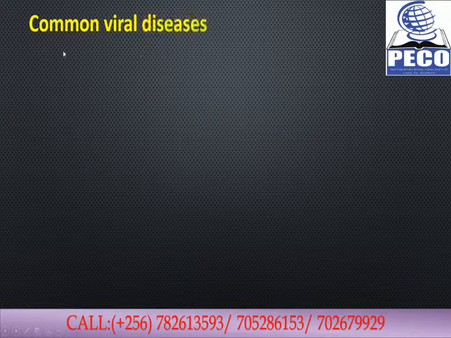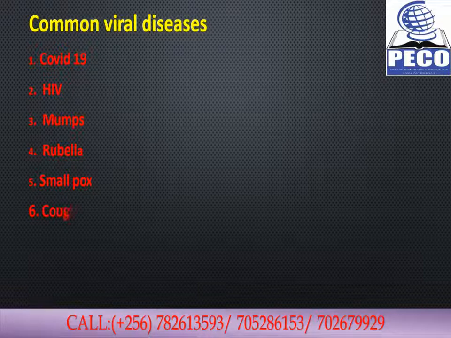Now let us look at common viral diseases, those ones that we know. COVID-19, we can't lose out that. It comes first. HIV, it has been with us for years. We can't leave it out. Mumps, some of you have not seen this. Rubella, smallpox, cough.